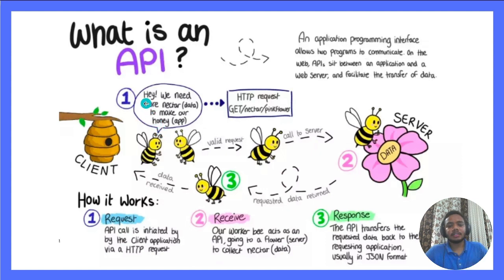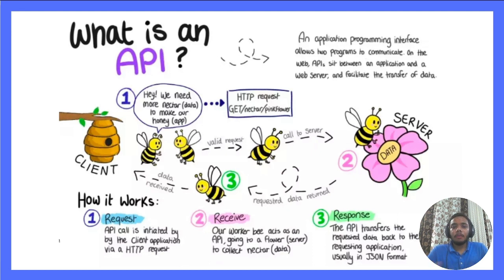So it asks, hey, we need more nectar to make our honey, or we need more data to make our app work. In between, this is the process where the validation of the request takes place. A flower in itself can supply nectar, but the flower cannot supply water, right?